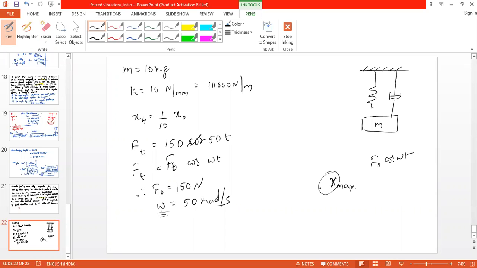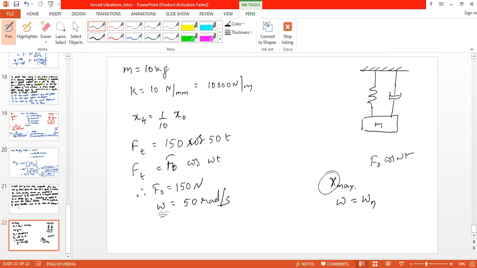When does the resonance happen? When the natural frequency matches with the damped frequency? No. When the operating frequency matches the natural frequency.